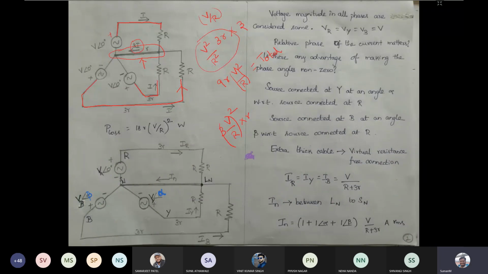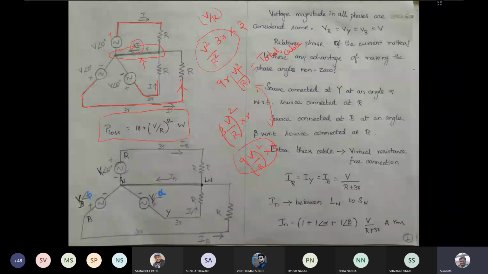So here also we are getting 9 times (V/R) the whole square into R. The point to be noted is that this is the power loss in the cables connected to the positive polarity, and this is the power loss happening in the neutral cable. So the total power loss should be added, and if you add these two, you will be getting the total power loss as this value.